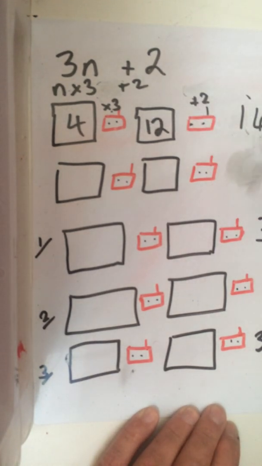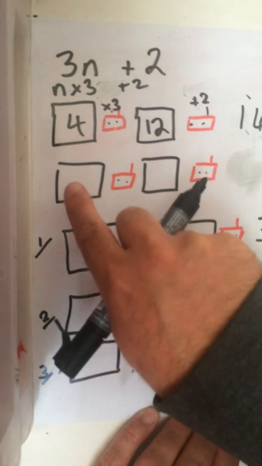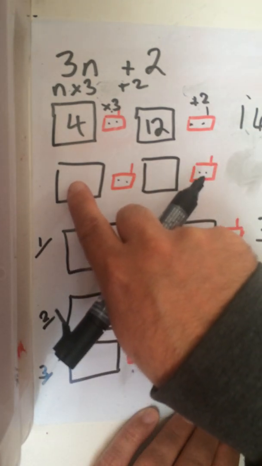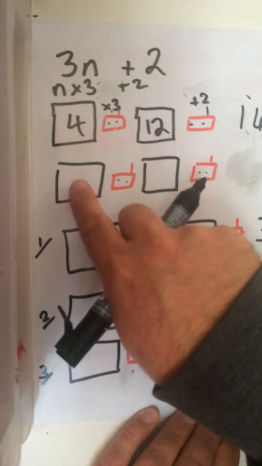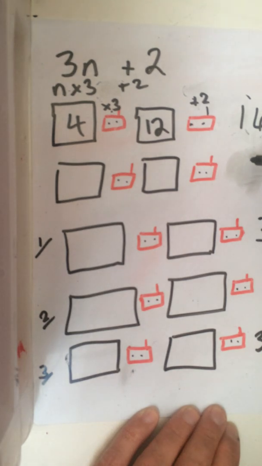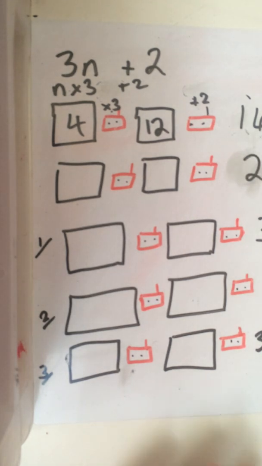Let's go with another one. Sorry, I'm going to do this off the top of my head. I've just suddenly gone blank. Let's have a little look. Right, let's go. So the answer is 23.